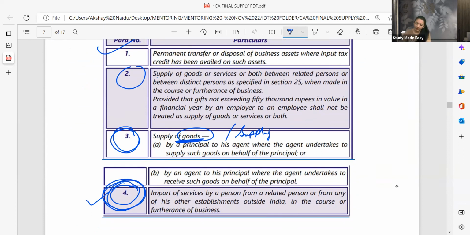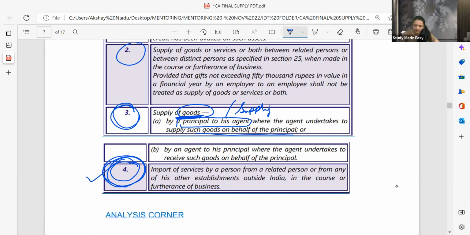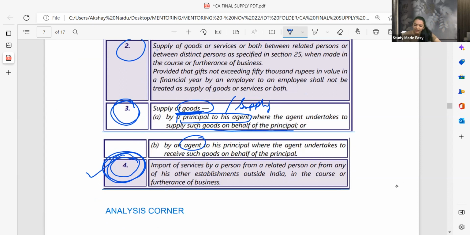If a principal supplies goods to an agent, where the agent undertakes to supply such goods on behalf of the principal, or if it is given by the agent to the principal, they are giving goods to each other.